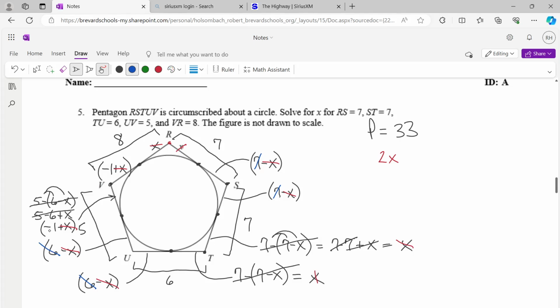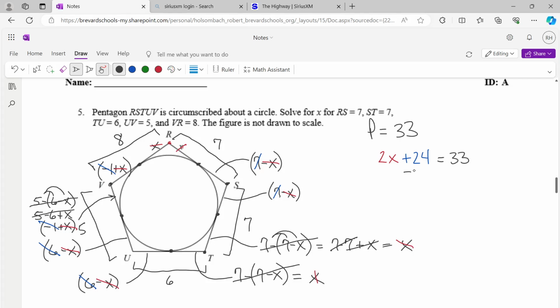Minus 1. 25, I'm sorry. Minus 1 is 24. So we get 2x plus 24, and it is equal to 33.